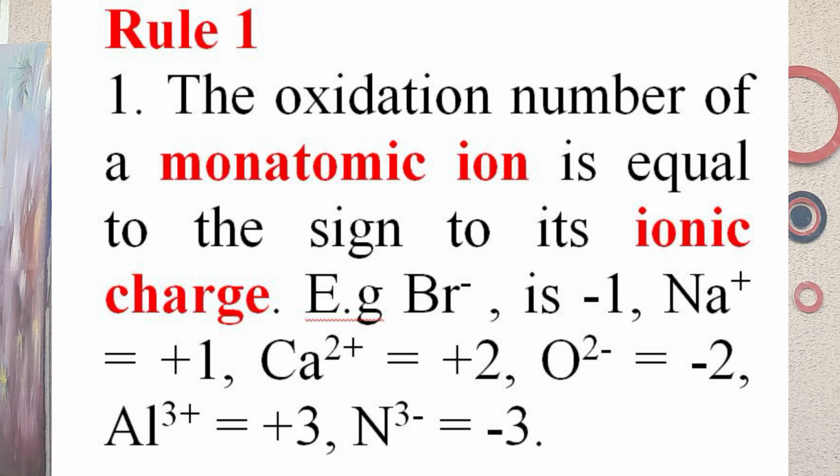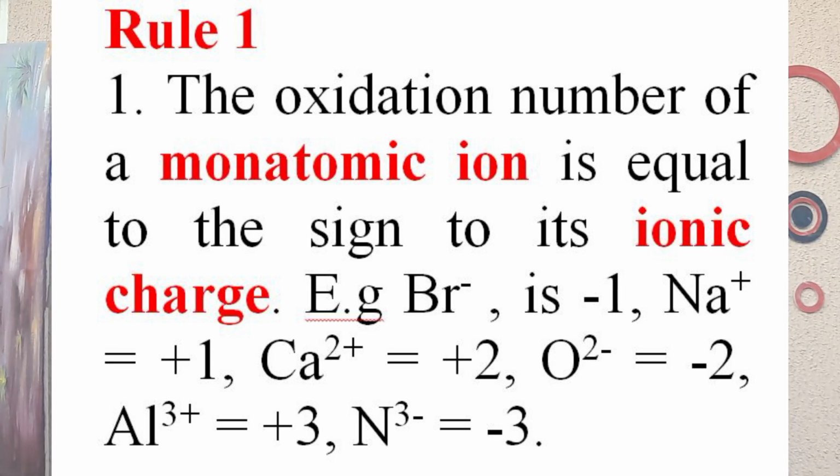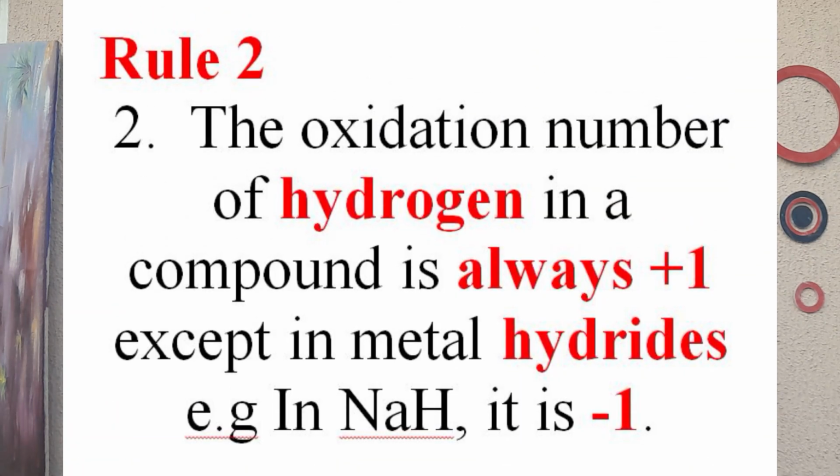For instance, bromide ion has -1, sodium ion +1, calcium +2, oxygen ion -2, aluminum ion +3, and nitrogen ion -3.